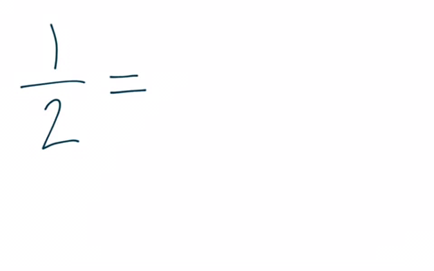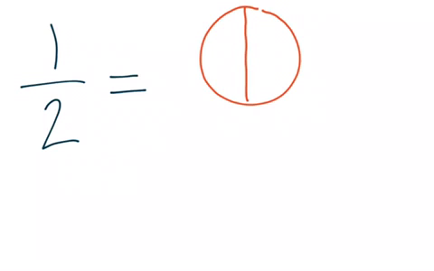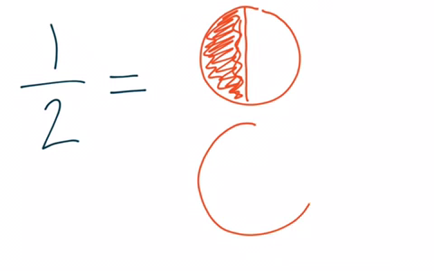Welcome back. I'm guessing that some of you drew 1/2 so that you could see and picture what that looks like. And then when I think about 1/2, I'm going to draw another circle. And I wonder if some of you partitioned your circle into fourths.